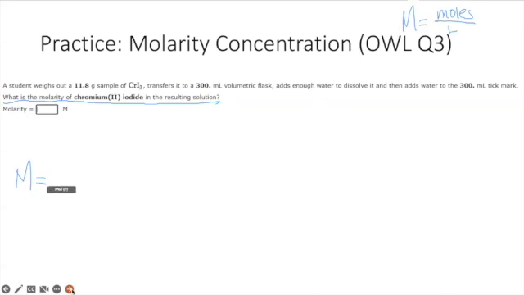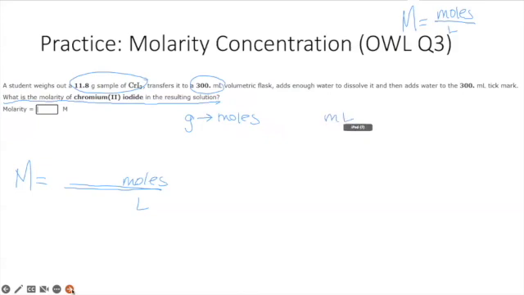Basically, we know we want moles over liters. We're given grams here, but we know how to take grams to moles. We're given milliliters here, so we're going to need to take that from milliliters to liters before we can plug this in. So I'm going to start with going from milliliters to liters.